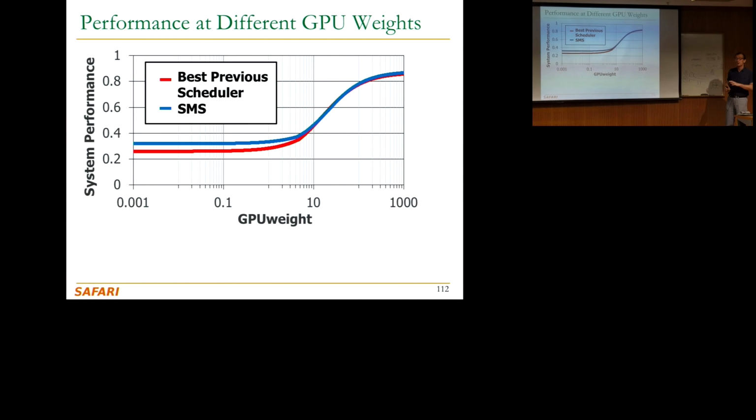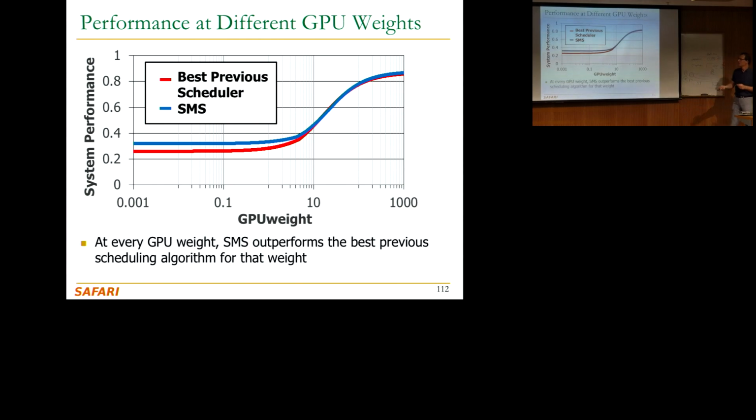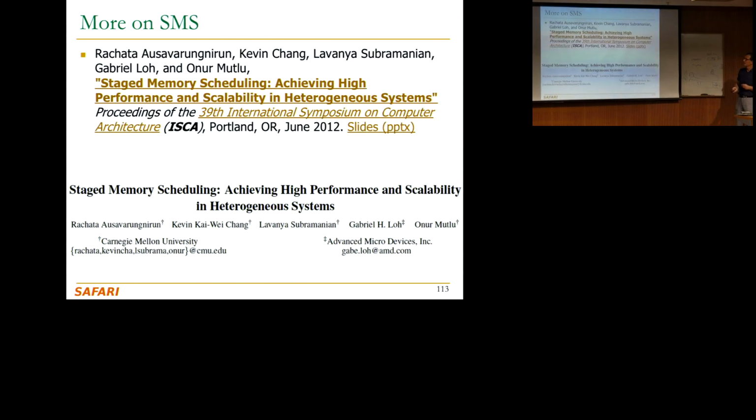Based on the GPU weight, you switch between different batch scheduling policies. That's the idea. If your GPU weight is really high, you're very similar to FR-FCFS, as you can see over here. If your GPU weight is very low, you're better than the best previous scheduler, which is Atlas. And if you're more interested, you could take a look at that.